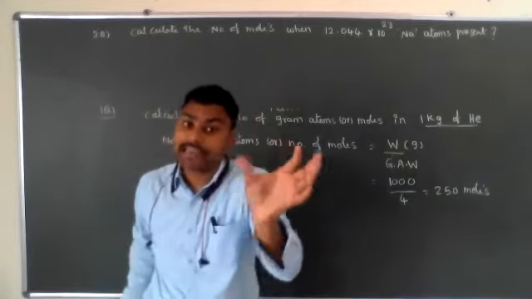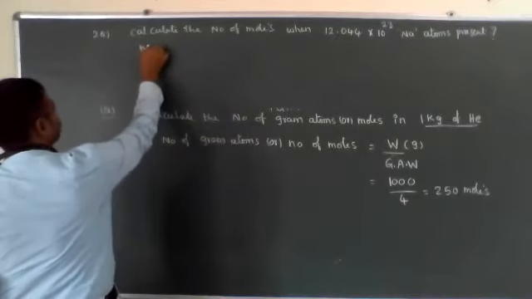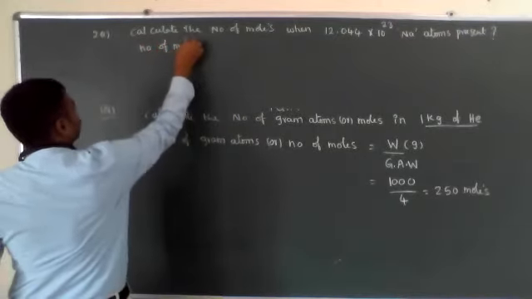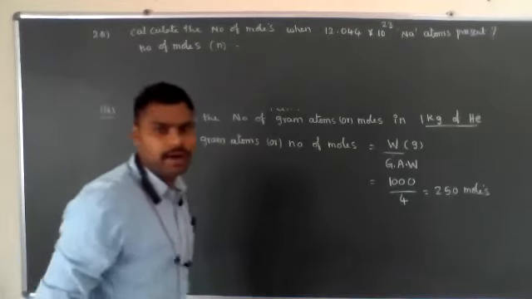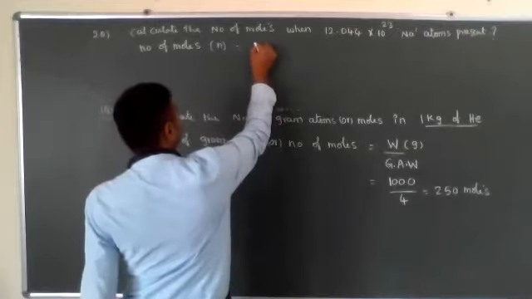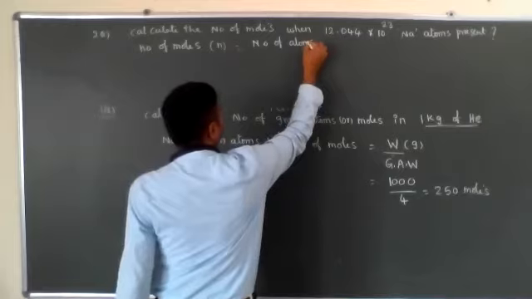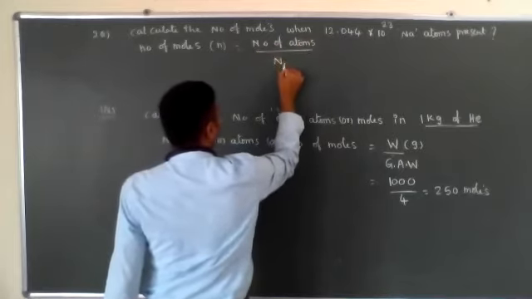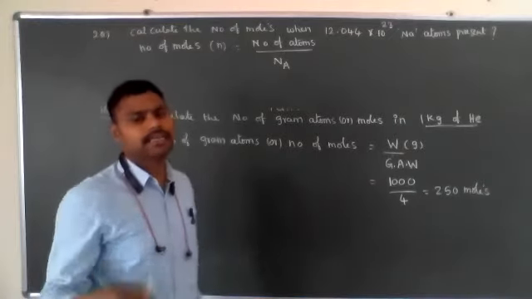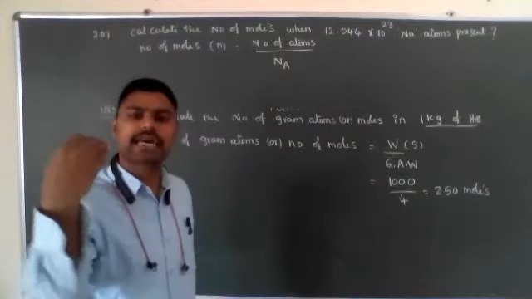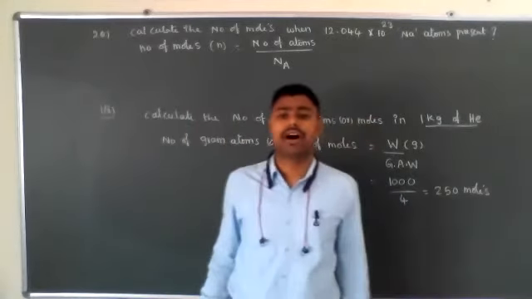In the case of atoms, what is the moles formula? The symbol for number of moles is small n. The formula is given number of atoms by Avogadro number. In some textbooks Avogadro number is given as Na, or N naught, or sometimes N. However, it refers to Avogadro number.